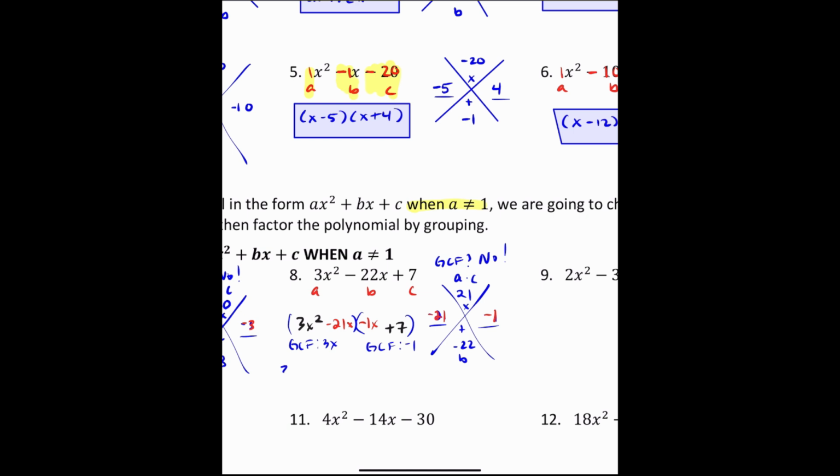Alright, so 3x times x minus 7 and negative 1 times x minus 7. Then we'll factor the x minus 7 out. And our leftovers are 3x minus 1.